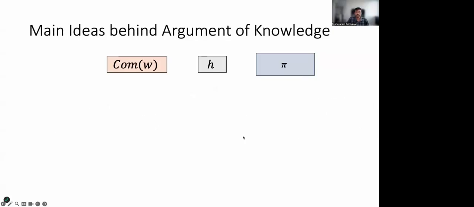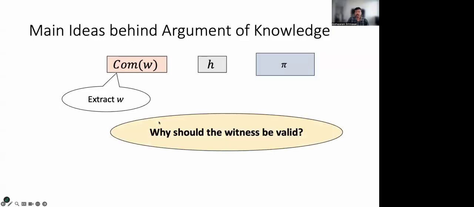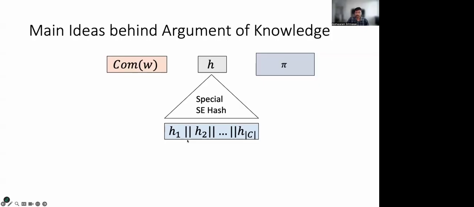So let me give you some very high level idea behind the argument of knowledge. Firstly, we make sure that the commitment is extractable, and using the extractor for the commitment, we extract the candidate witness. But the main question is, how do we ensure that the extracted witness is indeed valid? For this purpose, we make use of the soundness of the batch argument. So recall that this digest H is obtained by using a special somewhere extractable hash on the Merkle digest of each snapshot of the computational tableau.